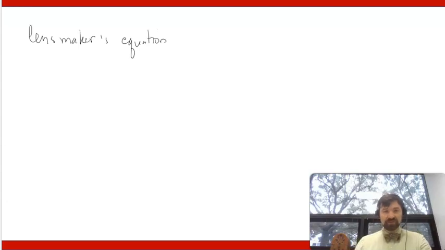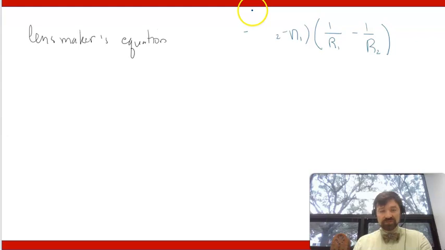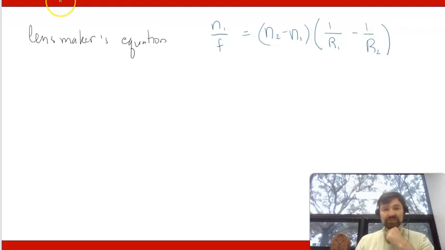So the actual lens maker's equation is defined in terms of the refractive index of the lens itself, so this is the lens material, and of the surrounding media.